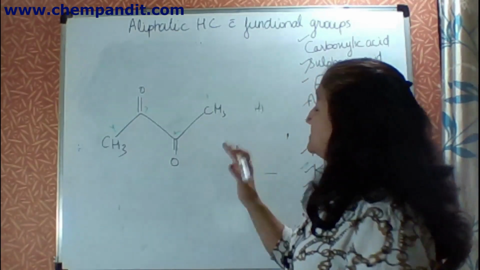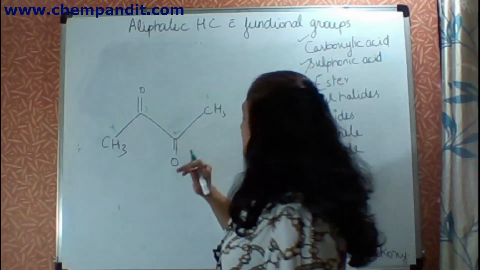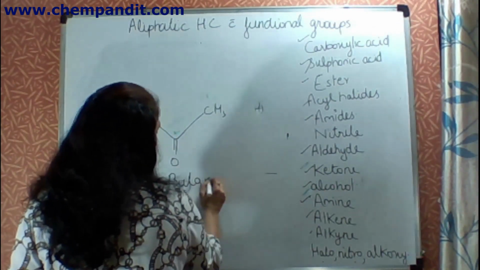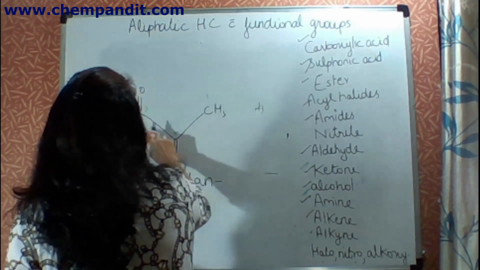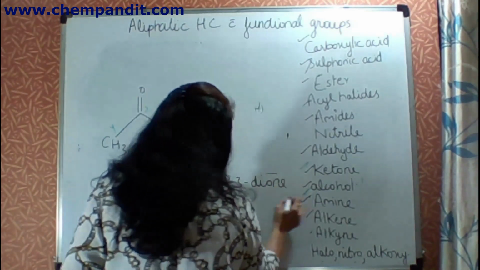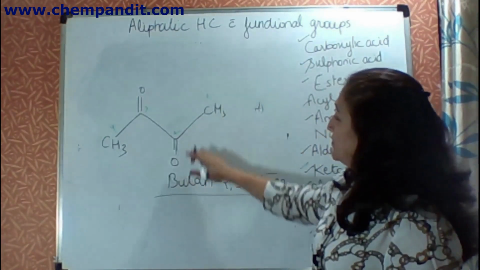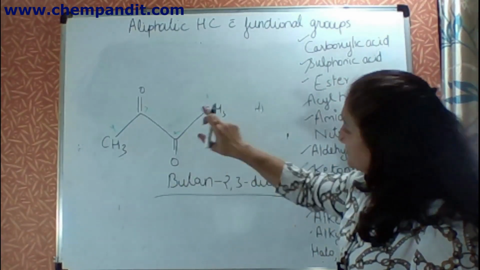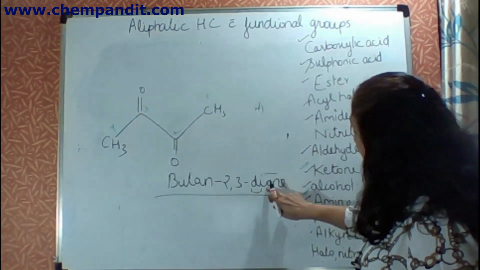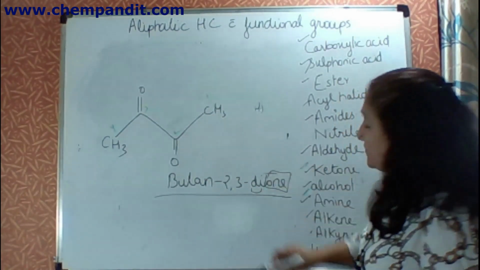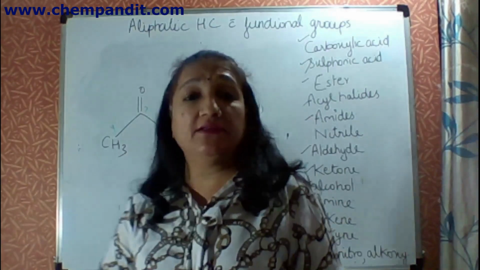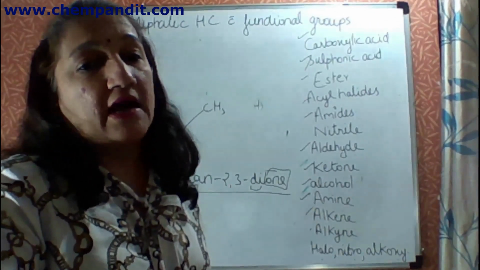Clear? Now the root word you will get is butane, 2,3-dione. Butane comes from 4 carbon atoms. 2, 3 are the positions of the ketonic groups. Di is the prefix used for two groups and one is the suffix used for a ketone. Clear? So the name of this compound becomes butane-2,3-dione.